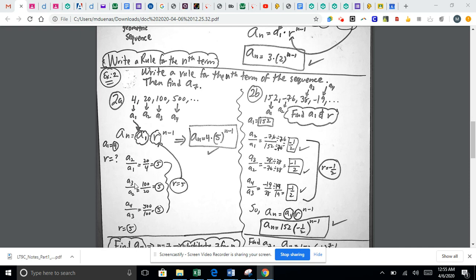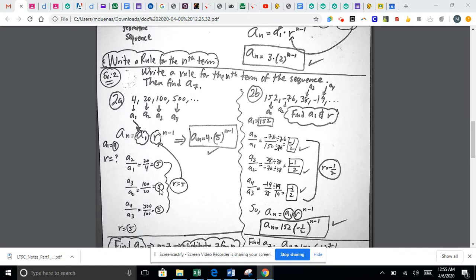Then we're going to continue the pattern to find the ratios. We're going to do A sub 3. A sub 3 is 100 here, and we're going to divide by A sub 2, which is 20. So 100 divided by 20 is 5. This is a good sign. Notice these two are 5s already. We're just going to double check to make sure that the common ratio is 5.